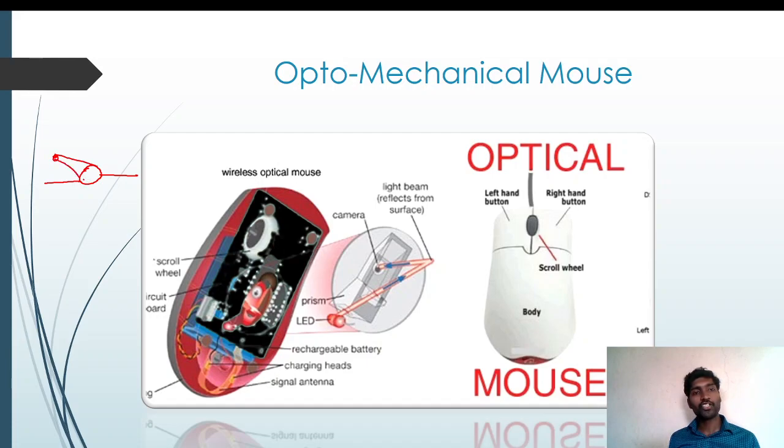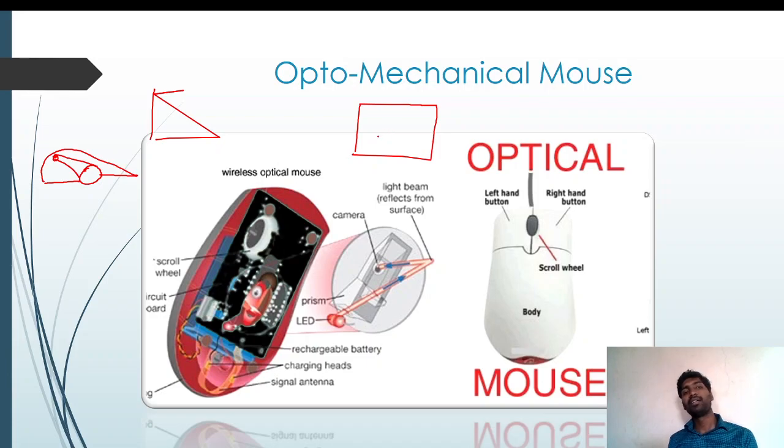Based on the ball rotation, the sensor light will recognize it. Based on that, in our computer screen, mouse movement will be there.